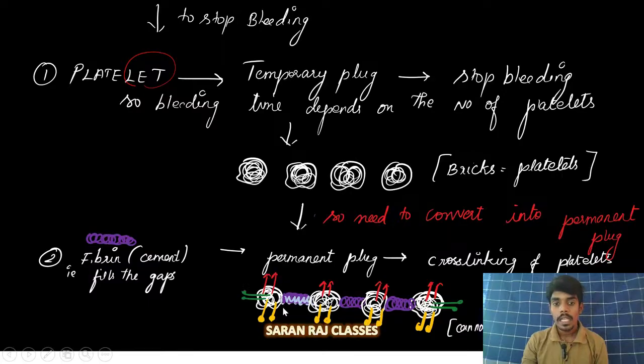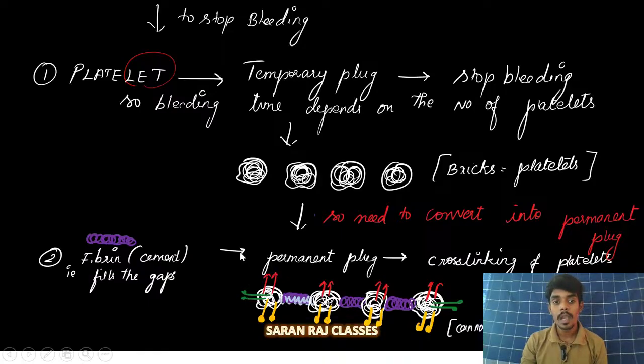See here we have the platelets, the different platelets that are found in the temporary plug. The platelet has different receptors. One is the GP1A receptor, another one is the GP2B receptor, another one is the P2Y12 receptor, and another one is the GP3A receptor. This contains four receptors.